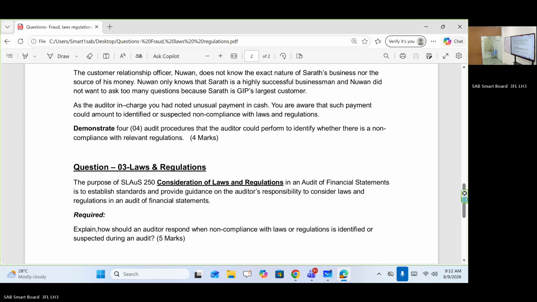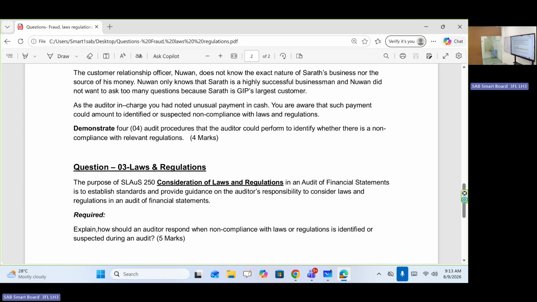Directors, with regard to compliances, fraud, to assess the risk of material misstatement.